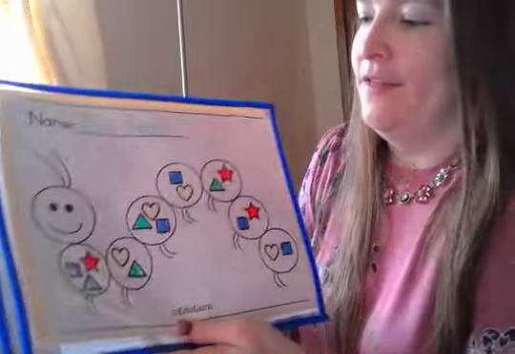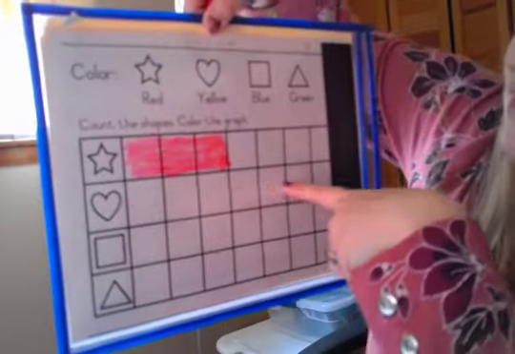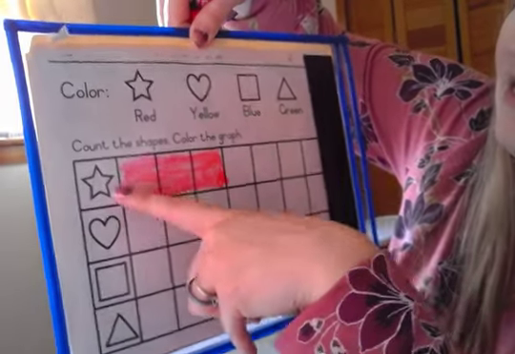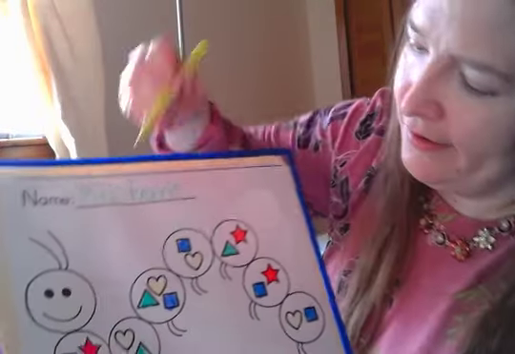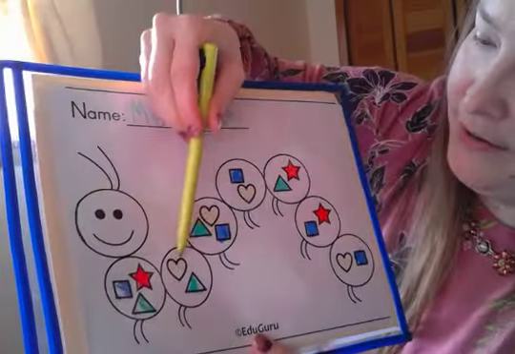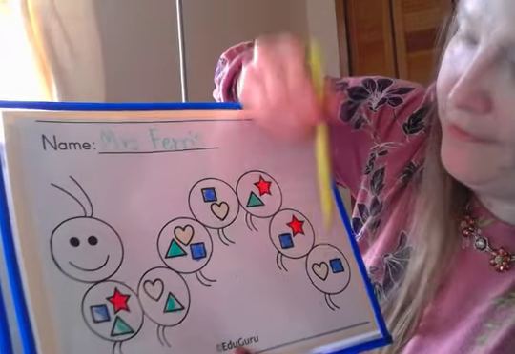Okay, so then next we're going to find the hearts. The hearts are in the row underneath the stars. And see, are there more stars or are there more hearts on our caterpillar? Okay, so I'm going to use yellow because it told us that the hearts were yellow. So when I mark off these hearts on my graph, I'll use my yellow marker. 1, 2, 3, 4.